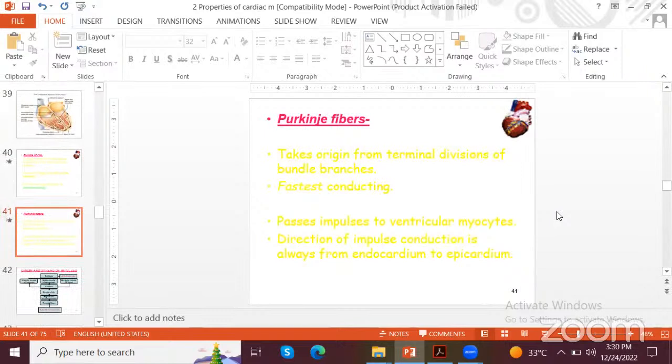The Purkinje fibers take origin from terminal divisions of the bundle branches, and they are the fastest conducting fibers, which pass impulses to the ventricular myocytes. The direction of impulse conduction is always from endocardium to epicardium.